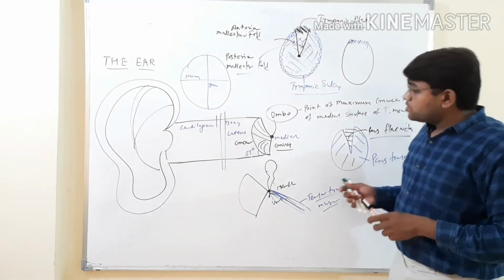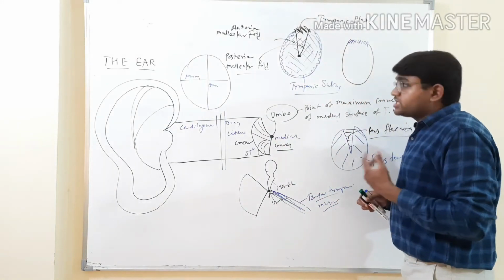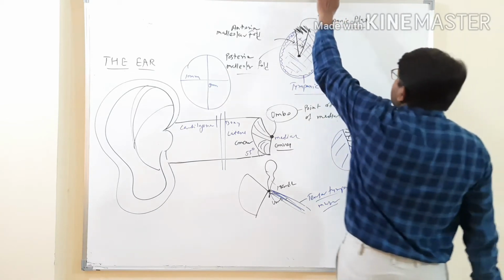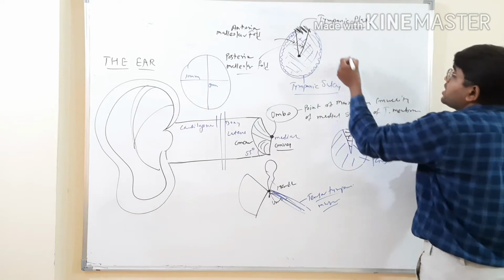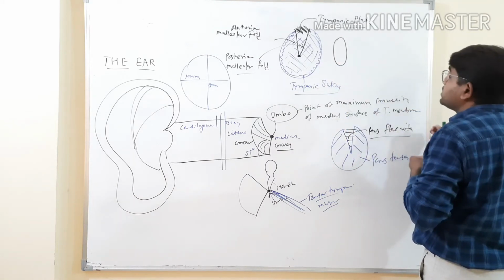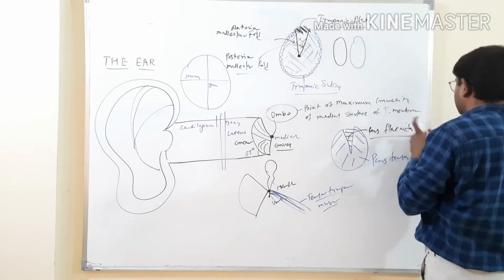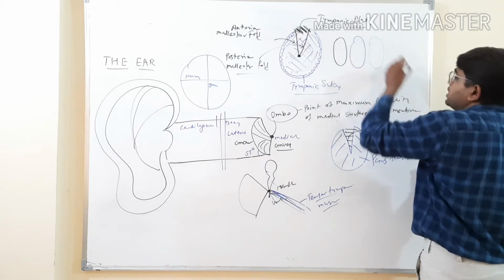Okay, so now the composition of the tympanic membrane. The tympanic membrane is composed of three different layers: the outer layer, then the middle layer, and then the inner or internal layer.